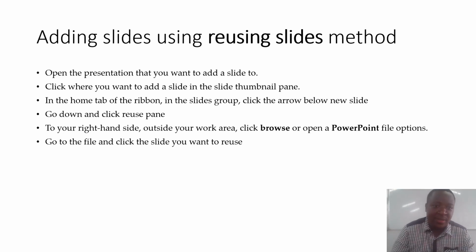Go down and click reuse slides. To your right hand side, outside your work area, click browse or open a PowerPoint file options. Go to the file and click the slide you want to reuse. So this is how we add a slide using the reusing slides method.